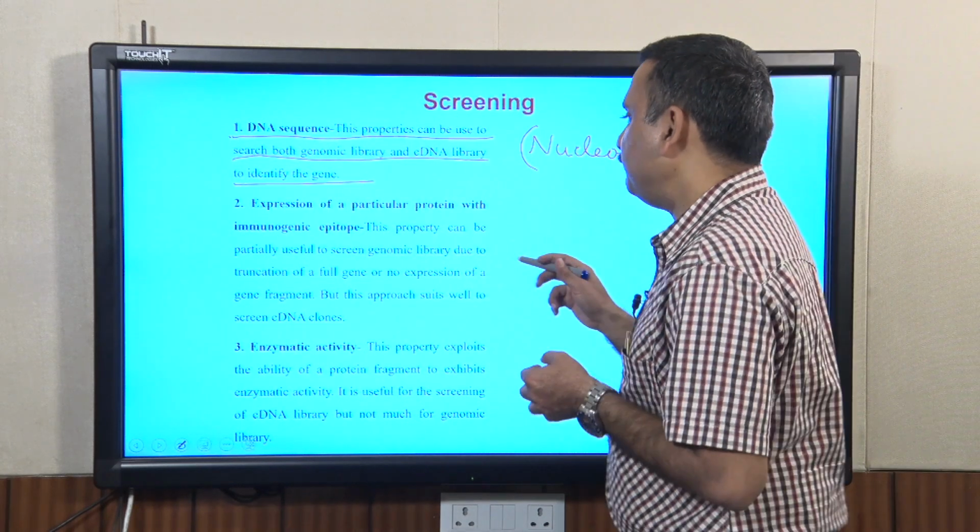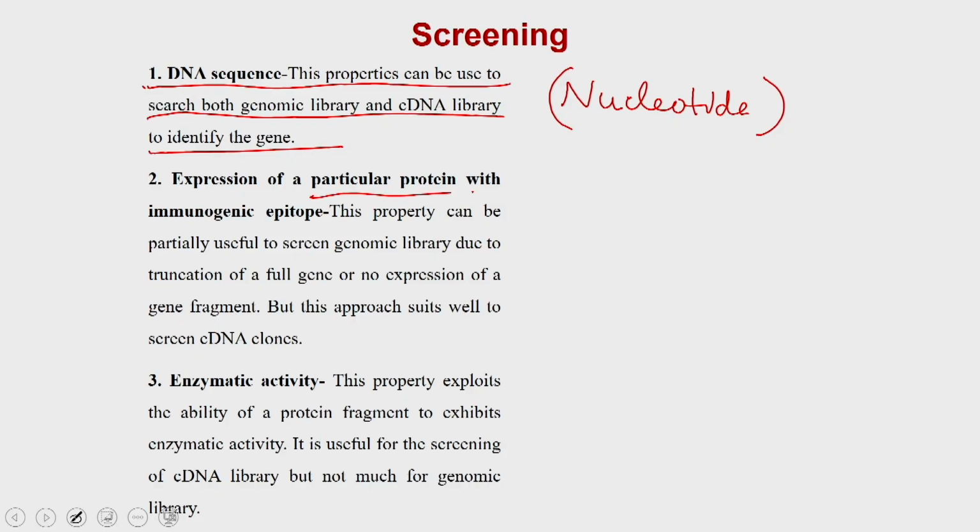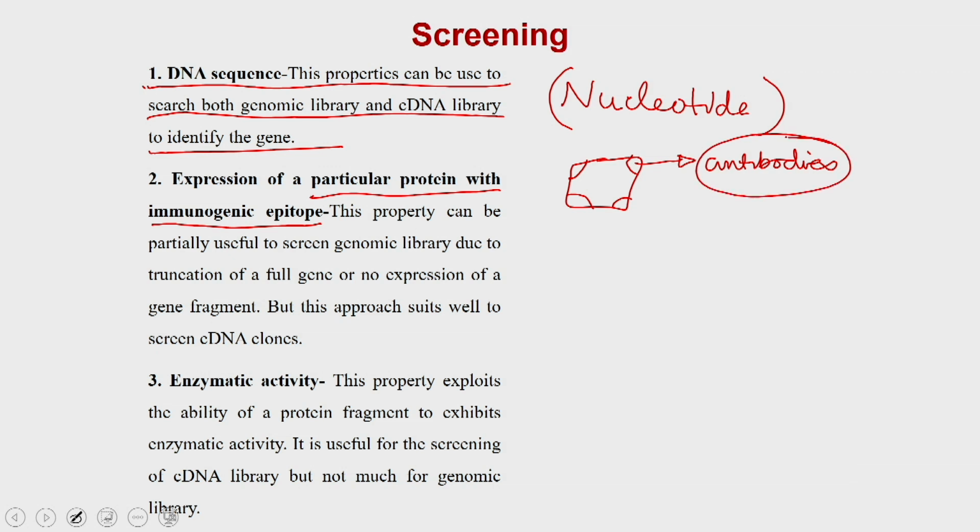Similarly, the protein also has immunogenic epitopes. What is meant by the immunogenic epitope is that if you have a protein with a 3-dimensional conformation, some portion of the protein is going to react with the immune system, and these regions are going to give you the antibodies, which are very specific for this particular protein.